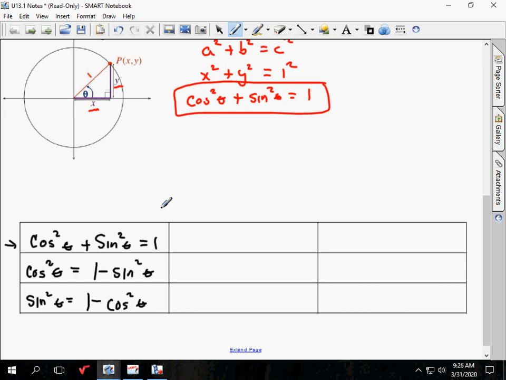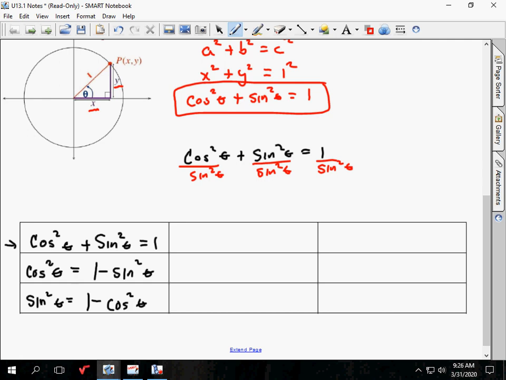Then I could come up with some other versions of this. Let's say I take cosine squared plus sine squared, put the plus in there, and I divide everything by sine squared. As long as I divide every single term by the exact same thing, it's legal.